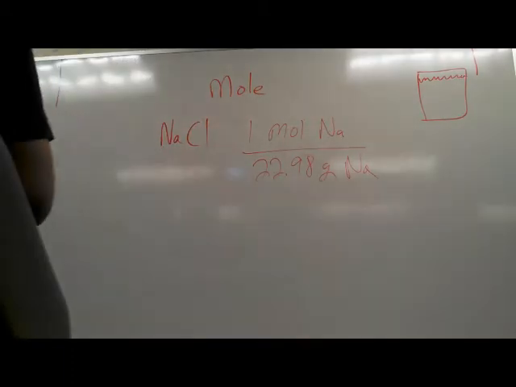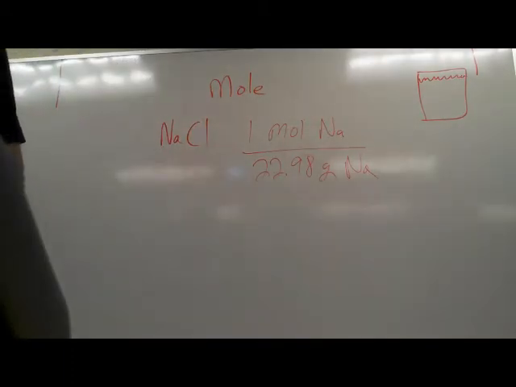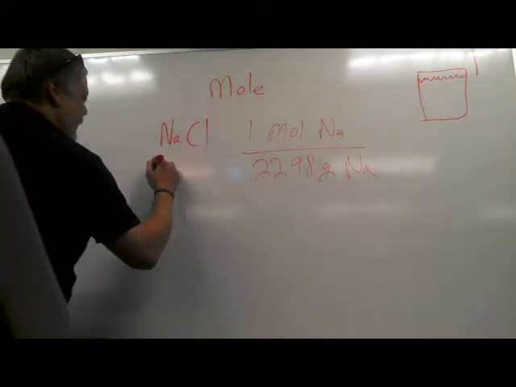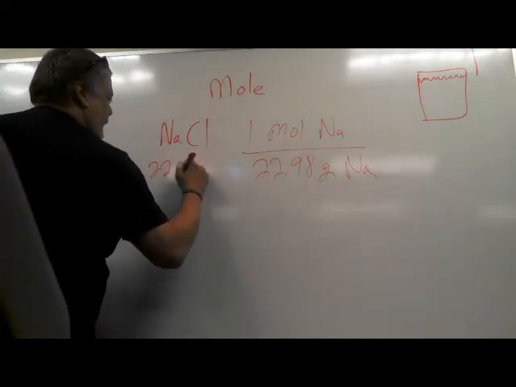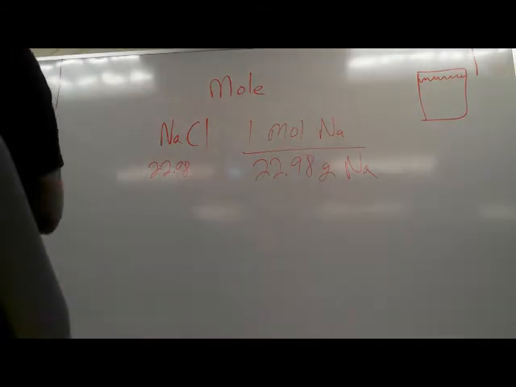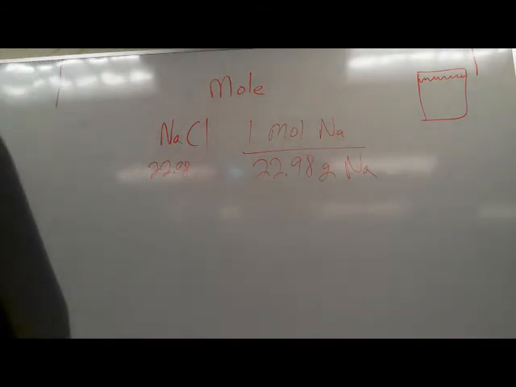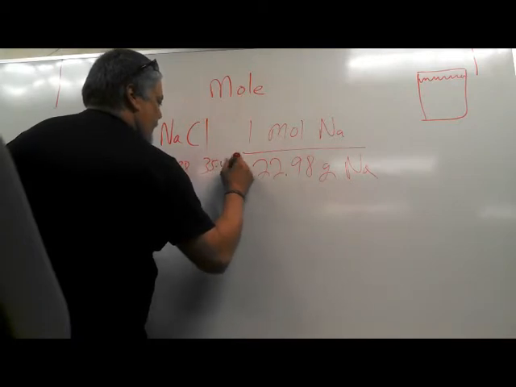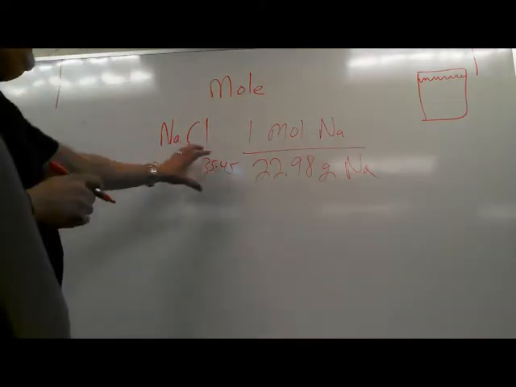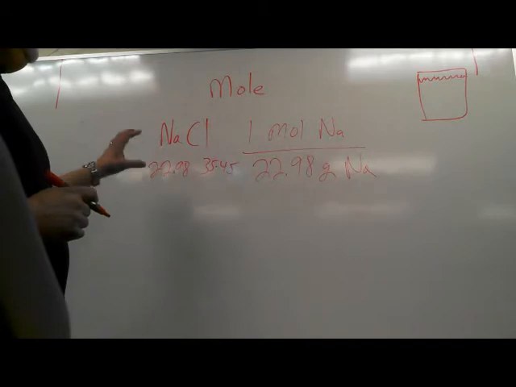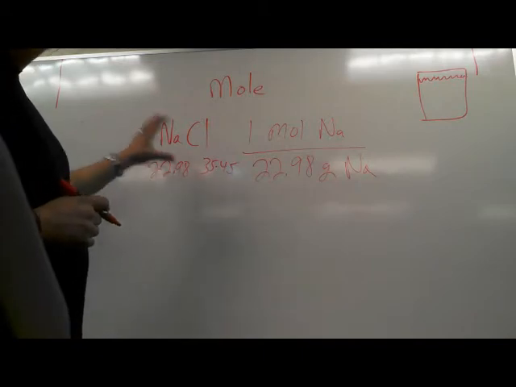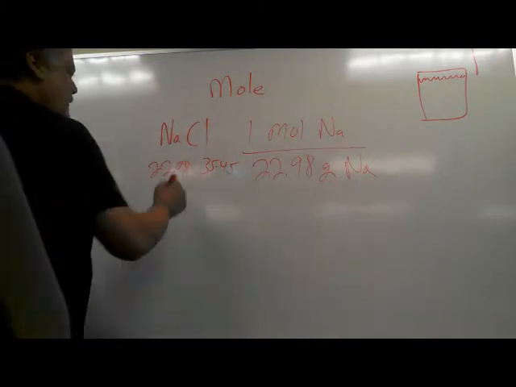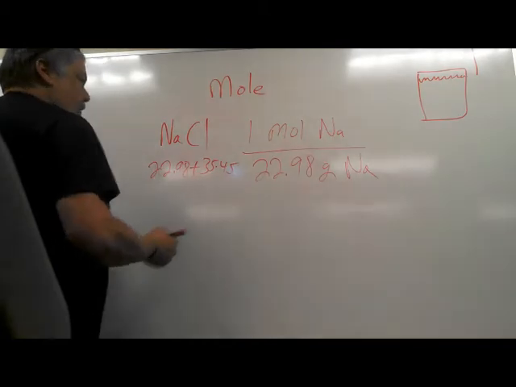We have to get the atomic mass for sodium, which is 22.98. And then we have to get the atomic mass for chlorine, which is 35.45. So how do we get the molar mass of sodium chloride? We add these two together.